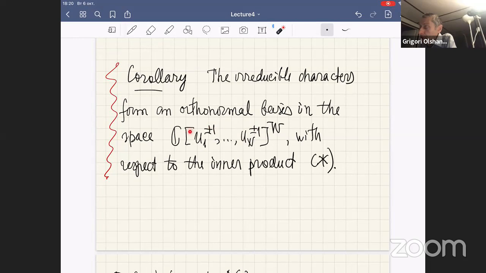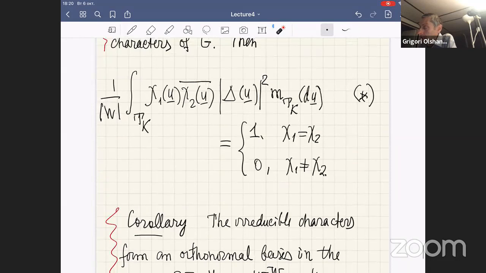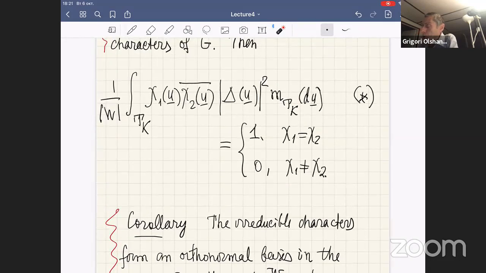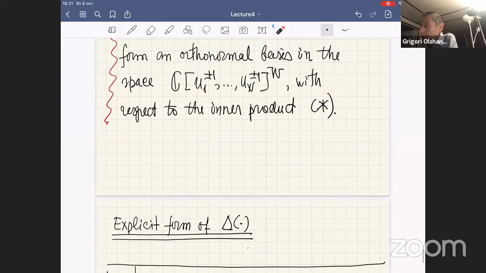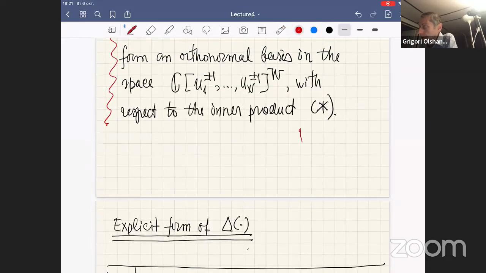This is a pre-Hilbert space, the space of W invariant Laurent series, with respect to the inner product given here. Where to read this? For instance, one can read Weyl.